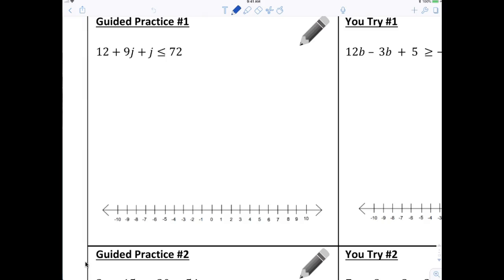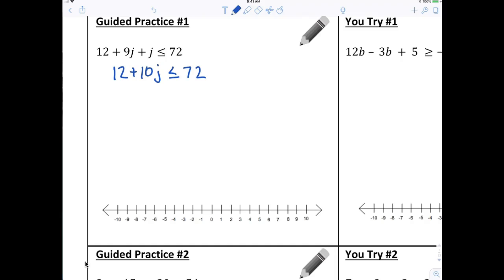All right, so I want everybody to look up here and let's see if you recall the information. Now, if I were to solve this, we would combine like terms first, which I know you guys are all pretty much experts at. But for those of you who had some issues with the equations, this is a great opportunity to review all the rules. So when we're solving this, we would say 12 plus 10j is less than or equal to 72.